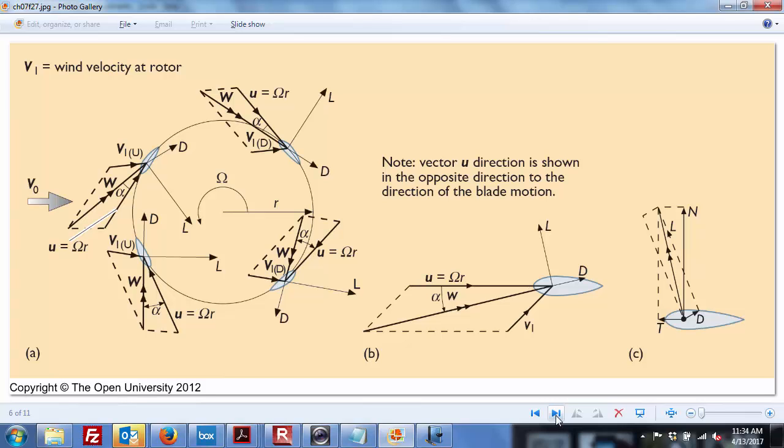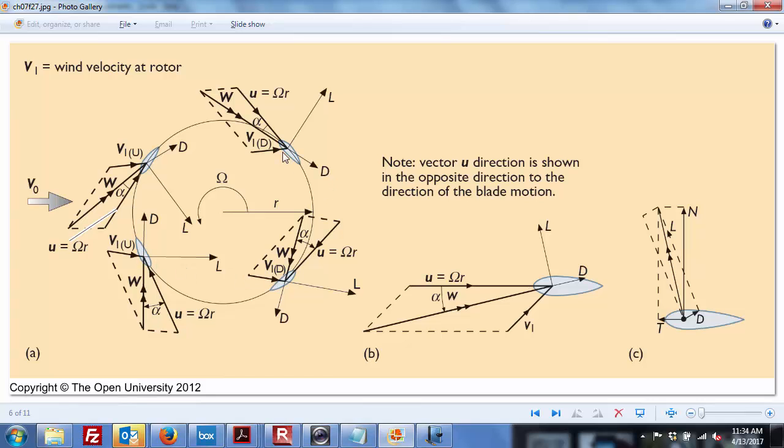Now, if we look down, we're actually looking straight down at, so we just covered the physics of a horizontal wind turbine. Now we're looking at the physics of a vertical axis wind turbine. Here comes the wind from the left. We've got our blades. Each one of these little blades is an airfoil.